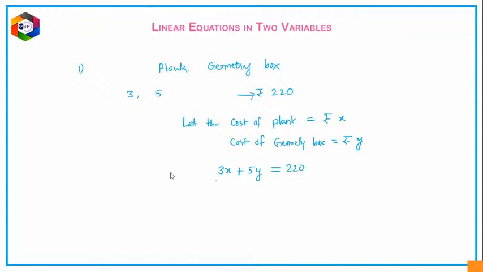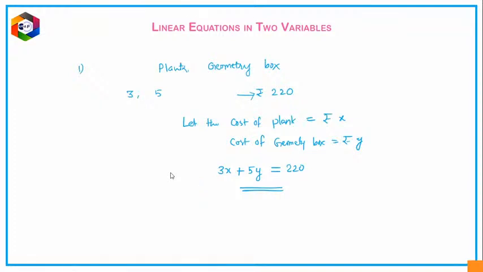So this is an equation in two variables x and y, and the highest power is 1. It is an example of a linear equation in two variables, generated based on real life experience. Like this situation, so many situations we can generate.